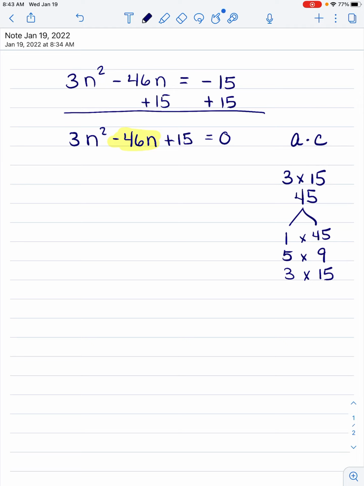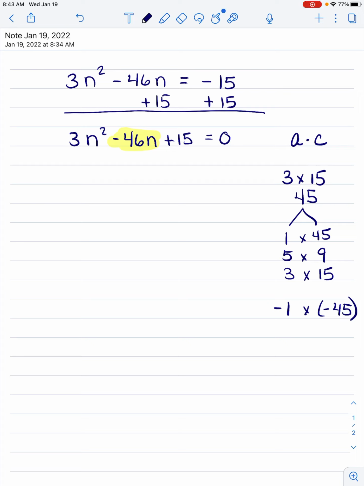So let's look at the possibilities and see which can give me a sum of negative 46. And I'm looking, and right away I see that 1 and 45 are 46. So I'm going to use negative 1 and negative 45.